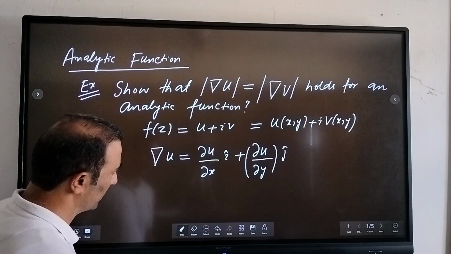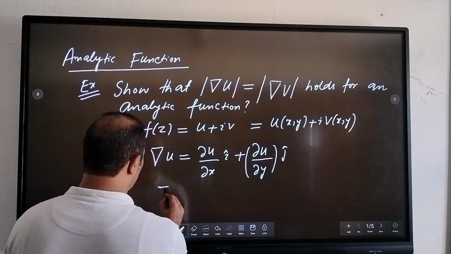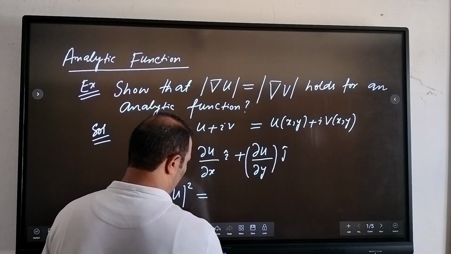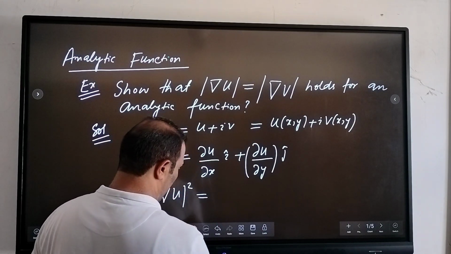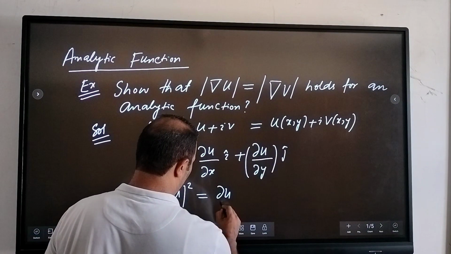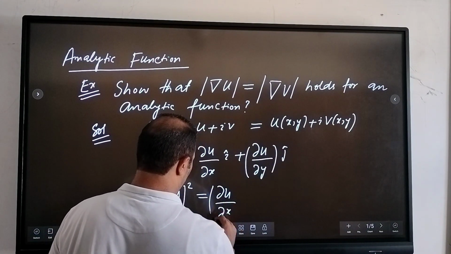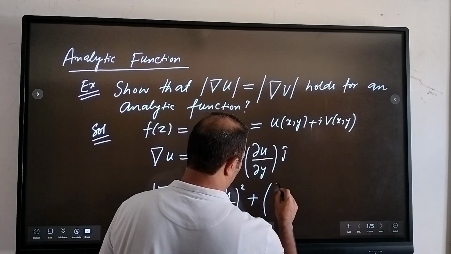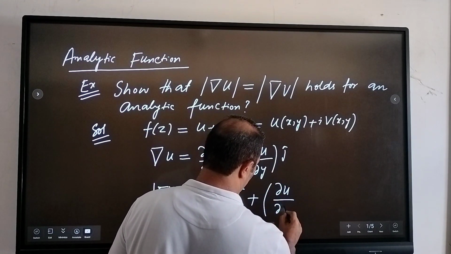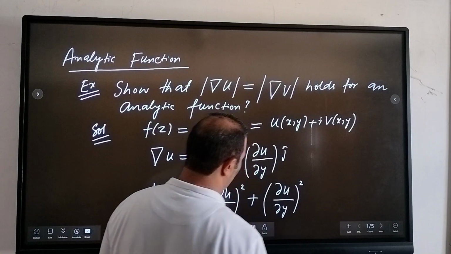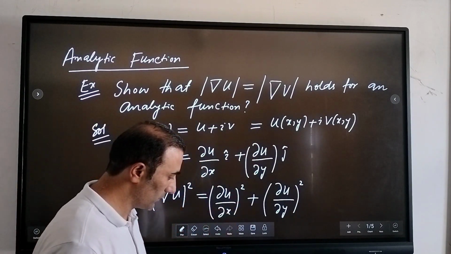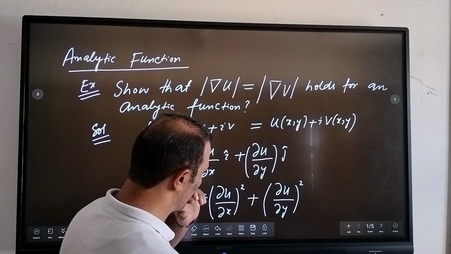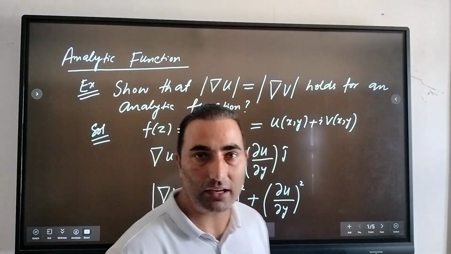Or if you take nabla u square, what is it? It's very clear. That's nabla u. Now if you use the CR condition, why am I using it?